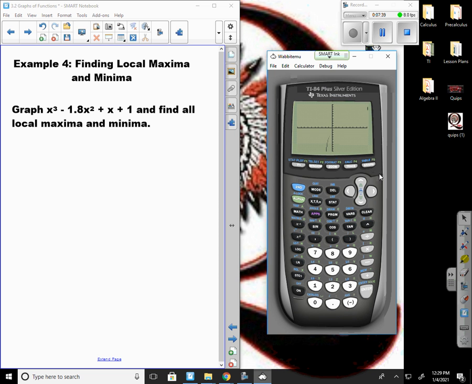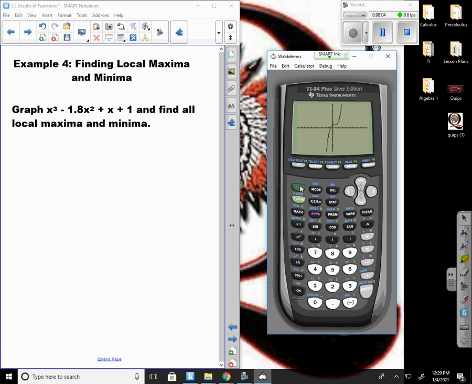Then graph. I knew something was missing. Missing an x there. That's better.